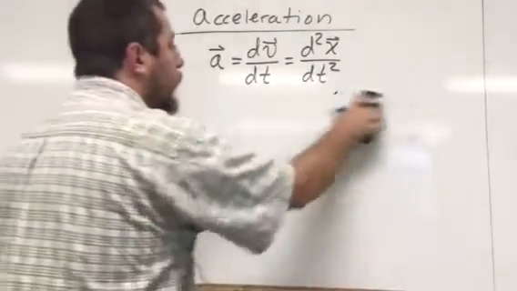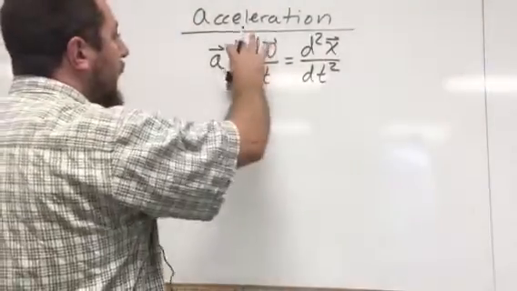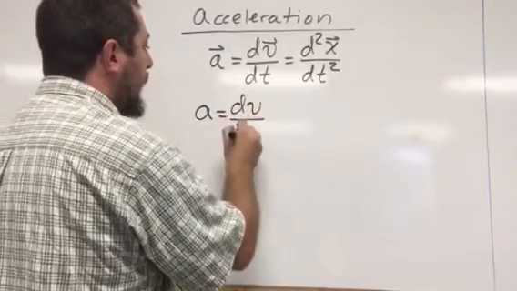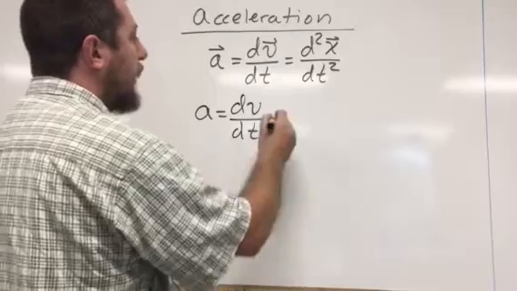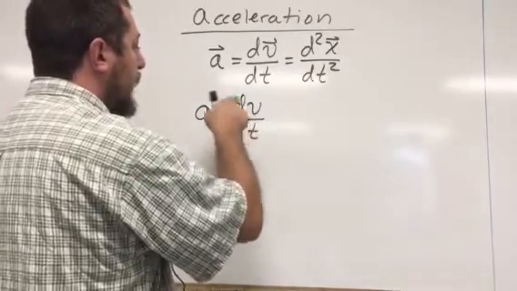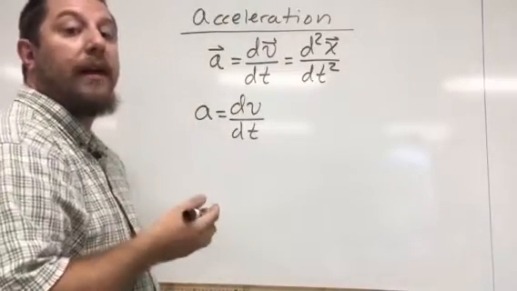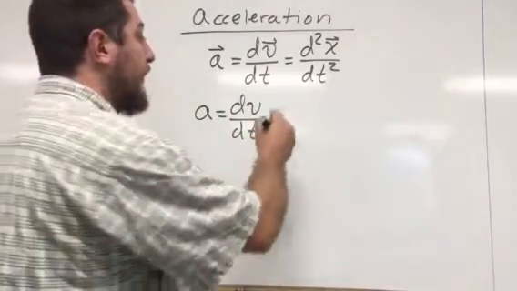So what we do is we start out with this definition of acceleration, and I'm going to drop the vector notation momentarily, and we say that, of course, acceleration is the derivative of velocity with respect to time. And what I can do is rearrange this formula for dv.